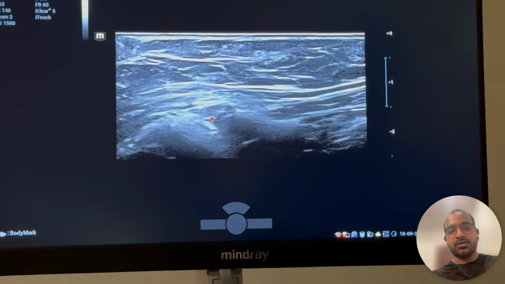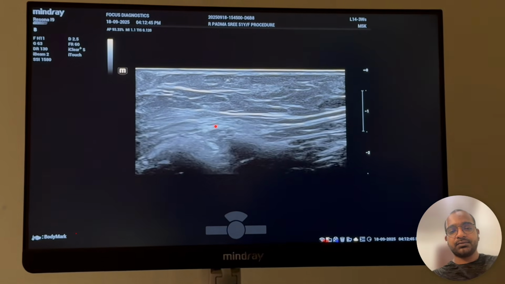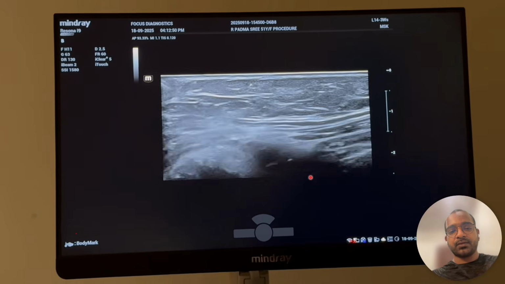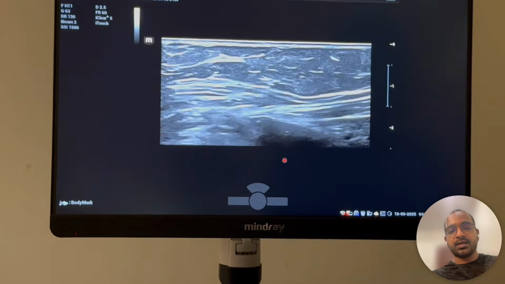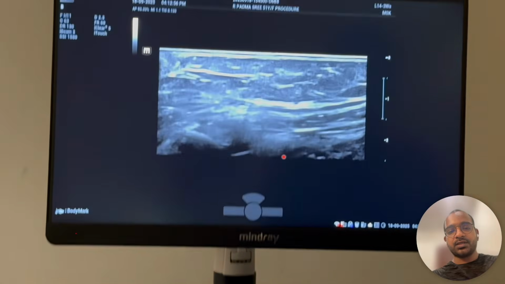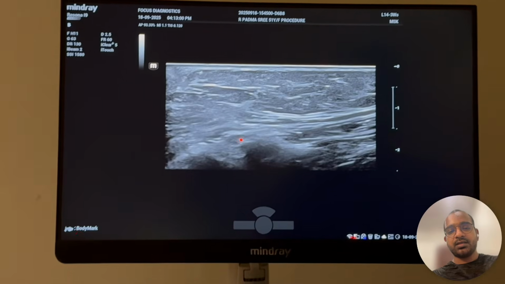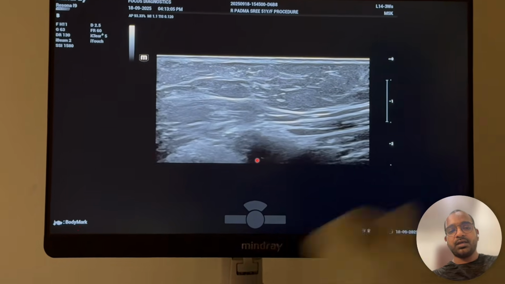I'm readjusting the needle so that I can reach the surface of the nerve. So I'm almost here. I just reached the surface of the nerve and am checking whether the needle position is correct. Yes, you can see this is the ideal position, just superficial to the lateral femoral cutaneous nerve.